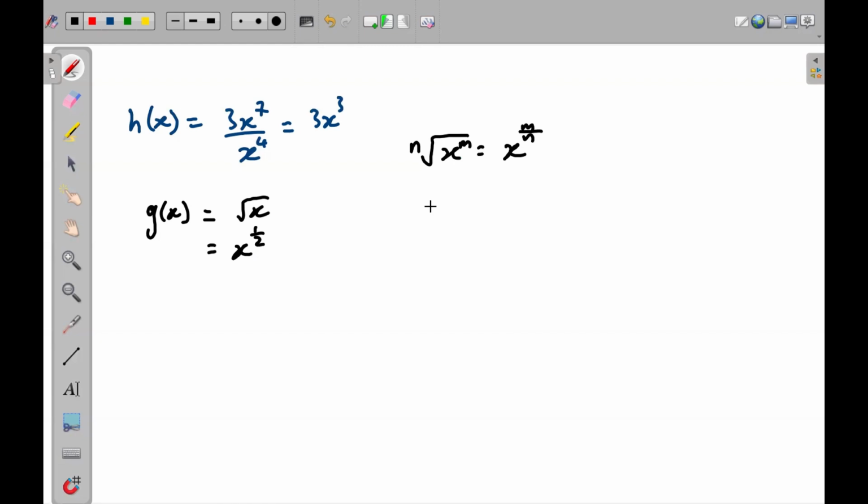That is why when we say square root x, it is actually because there is a 2 here and the exponent of x is 1. So this literally means, let's maybe color code this more properly, x to the 1 over a 2. That's why it's called the square root.